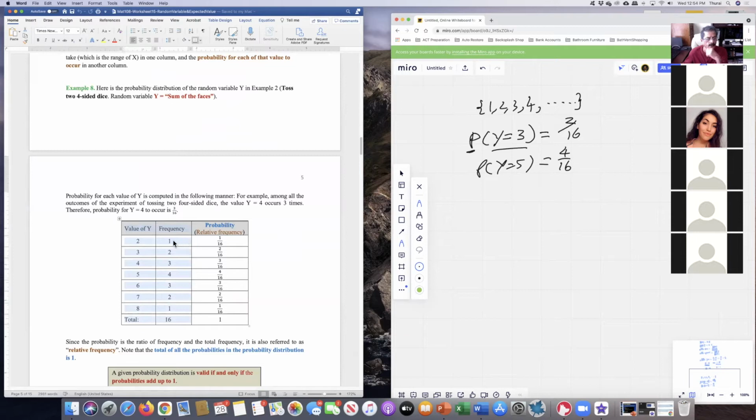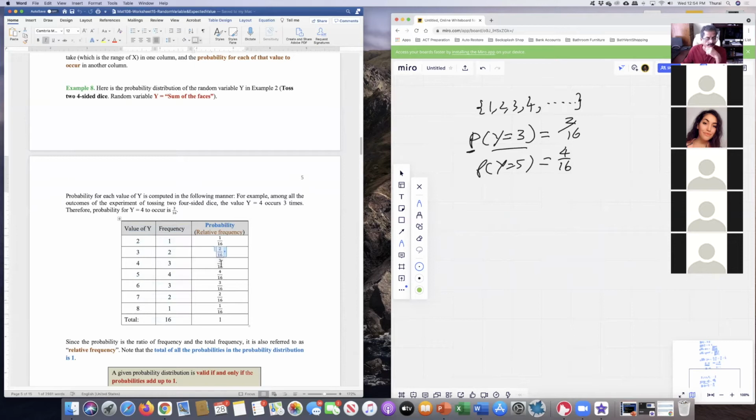All you have to do is divide each number by the total frequency to get the probability or relative frequency numbers. So this is 1/16. The probability for random variable y to take value 2 is 1/16. Value 3 is 2/16. The frequency divided by 16, and so on. So I have all the frequencies and probabilities here.